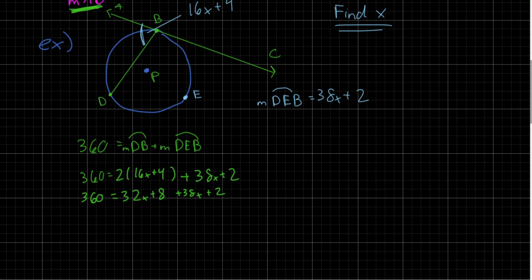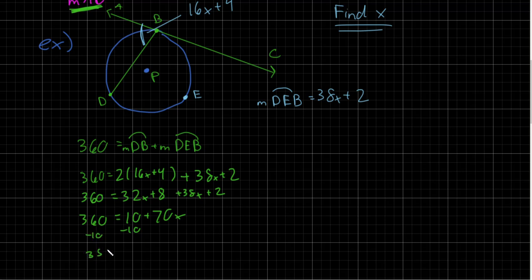So x would have been 5. Vince, is that what you got? X equals 5. So this would have been 10 plus 70x over 360, minus 10 from both sides.